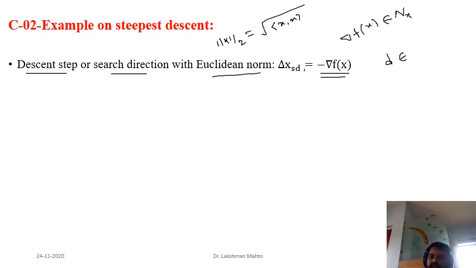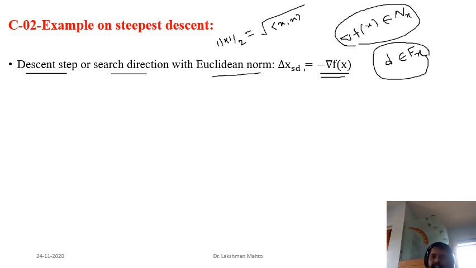So you can say that it always belongs to the feasible direction cone. That notation I had given as f. So the descent direction d always belongs to this feasible direction cone. This concept I had already discussed in the beginning, along with the dual cone and other things.